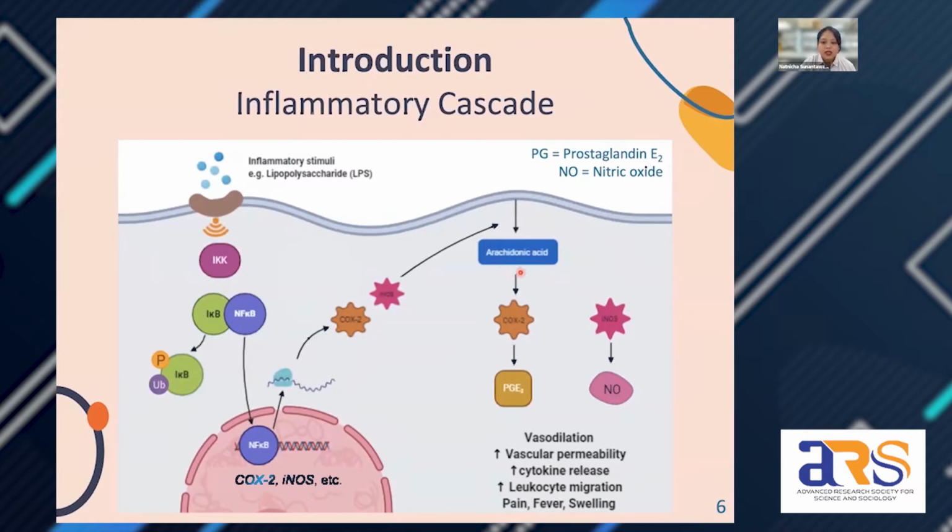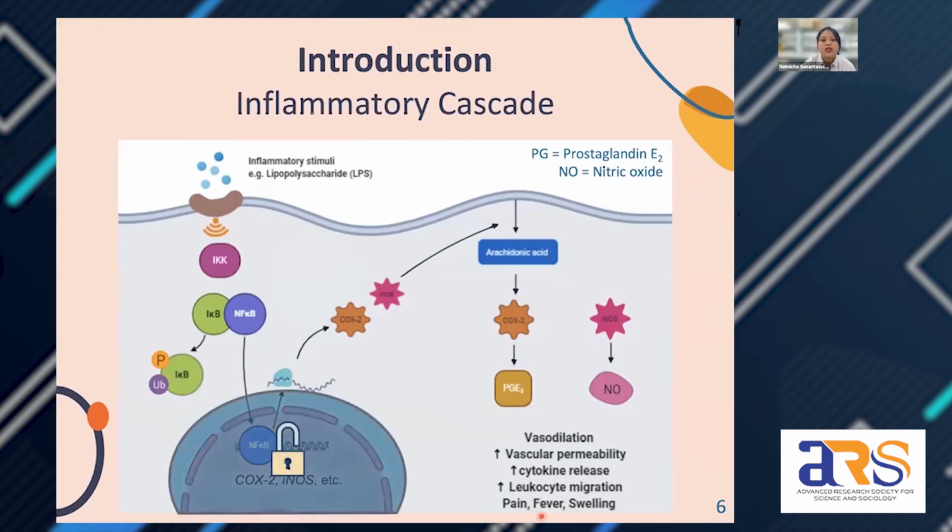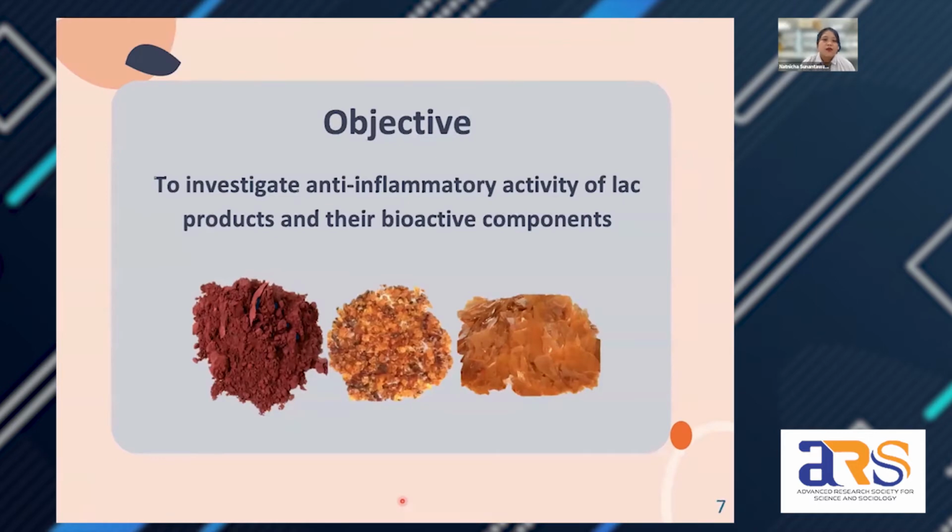With the arachidonic acid pathway, COX-2 would produce PGE2, and at the same time, iNOS would produce nitric oxide. These 2 substances cause the inflammatory symptoms, such as swelling, fever, and pain. If we can inhibit the inflammatory gene expression, we can inhibit the inflammation. The objective of this study is to investigate anti-inflammatory activity of LAC products and their bioactive components.